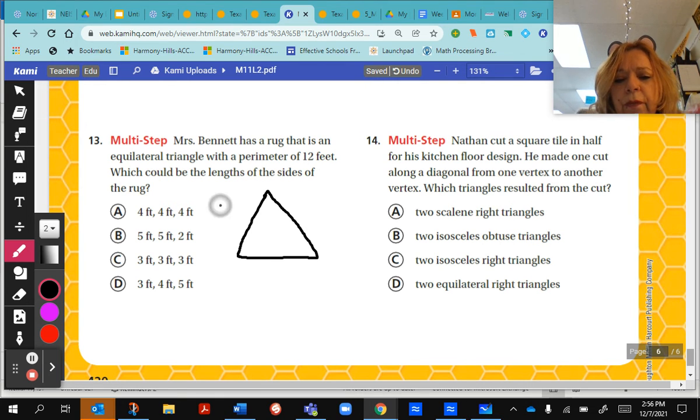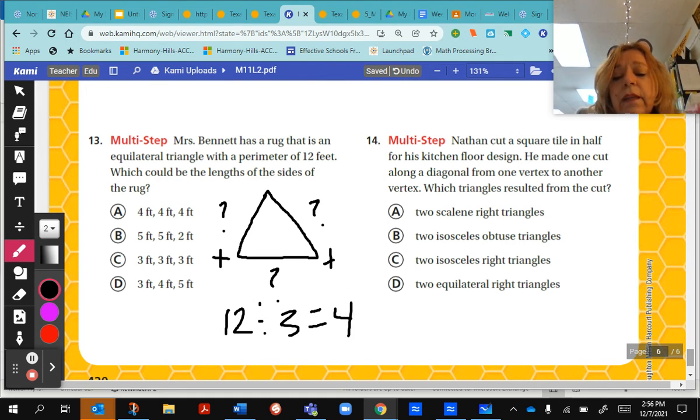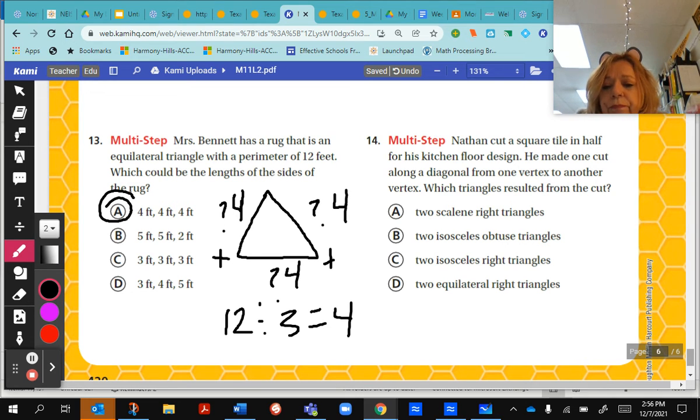So whatever's here plus whatever's here plus whatever's here, which could be the length of the sides. Well, let's see. If I had 12 and I have only 3 sides, 3 goes into 12 4 times. Is 4 plus 4 plus 4 equal 12? Absolutely. The answer is A.